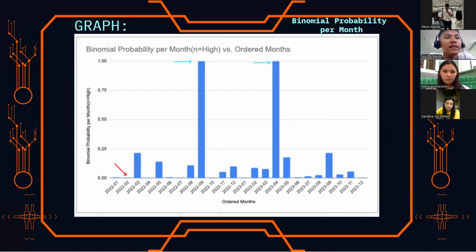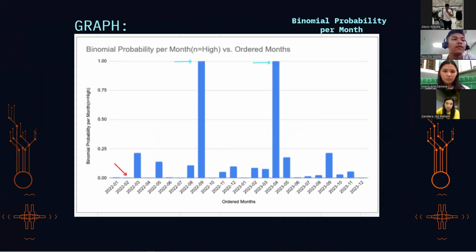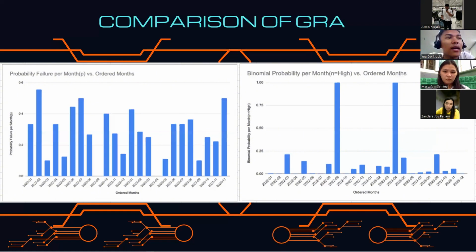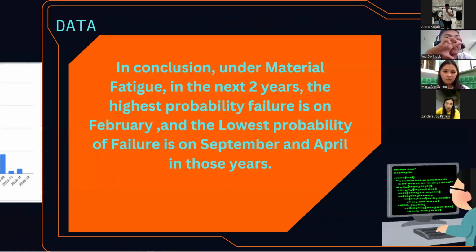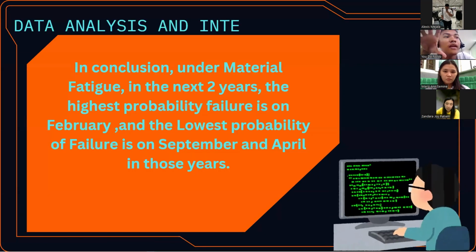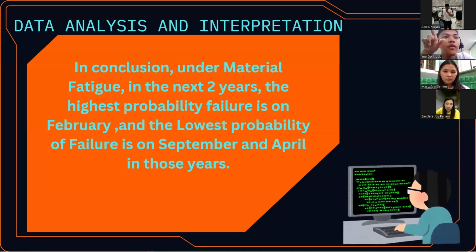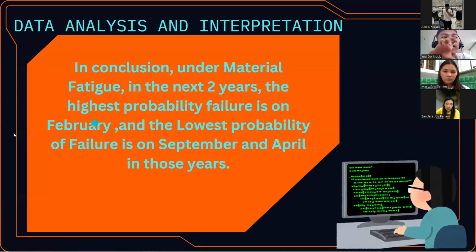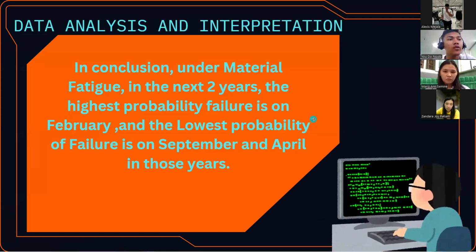This means that these months have the highest chance of failure not occurring under material fatigue. In conclusion, under material fatigue, in the next 2 years, the highest probability of failure is in February, and the lowest probability of failure is in September and April in those years.